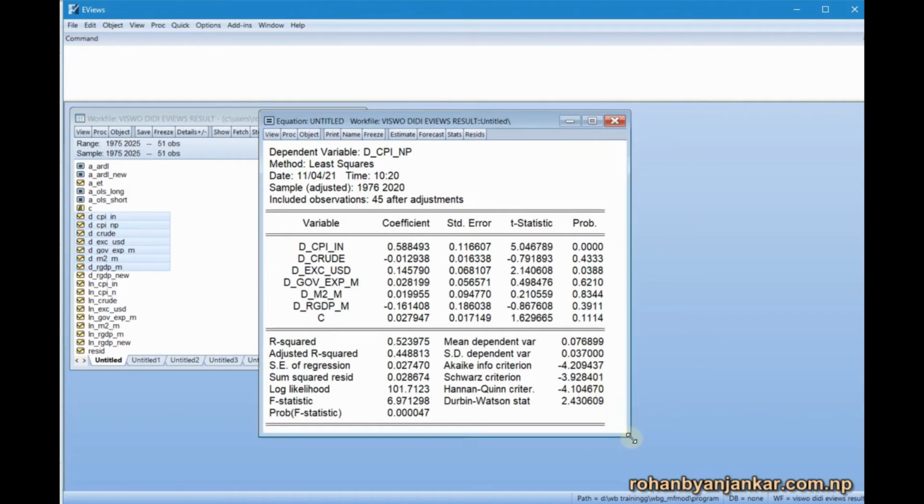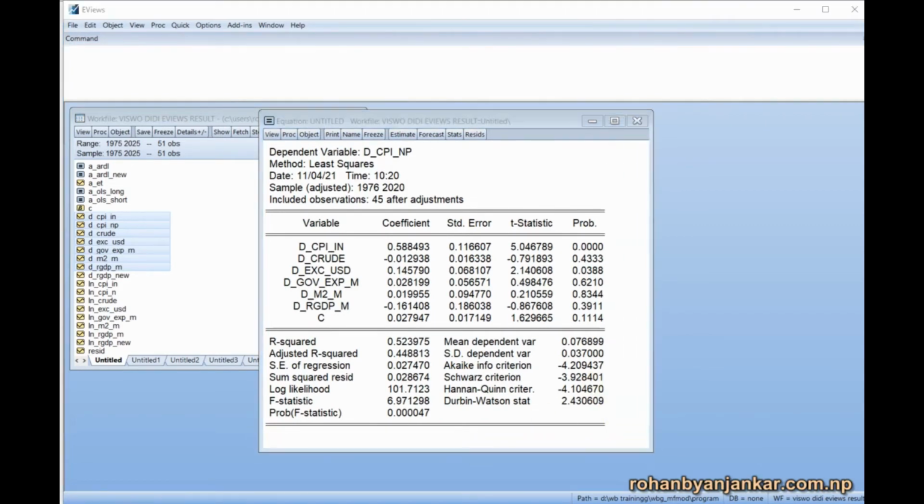So now the interpretation of the result begins from the value of probability, and we must check the value of R square, the Durbin-Watson test, and the F-statistic value.